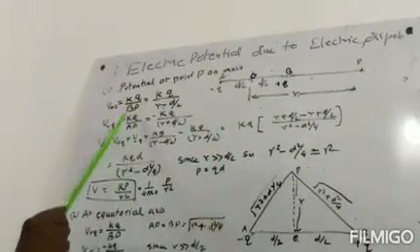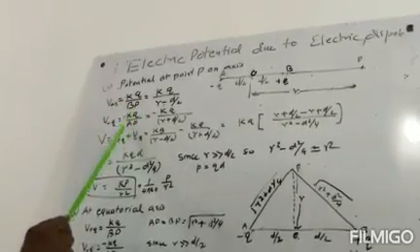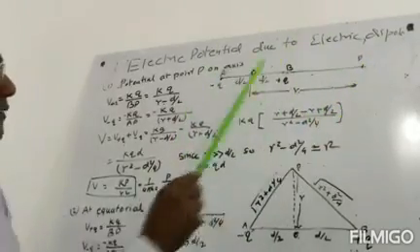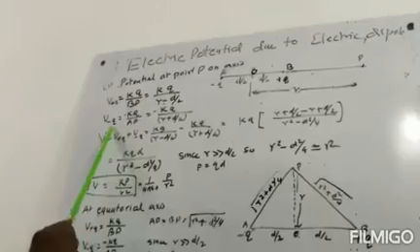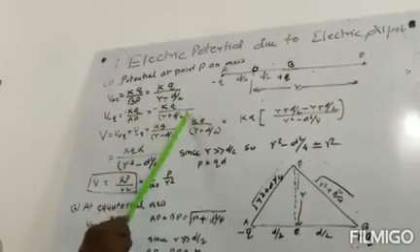So V minus will be equal to minus kq by r plus d by 2.